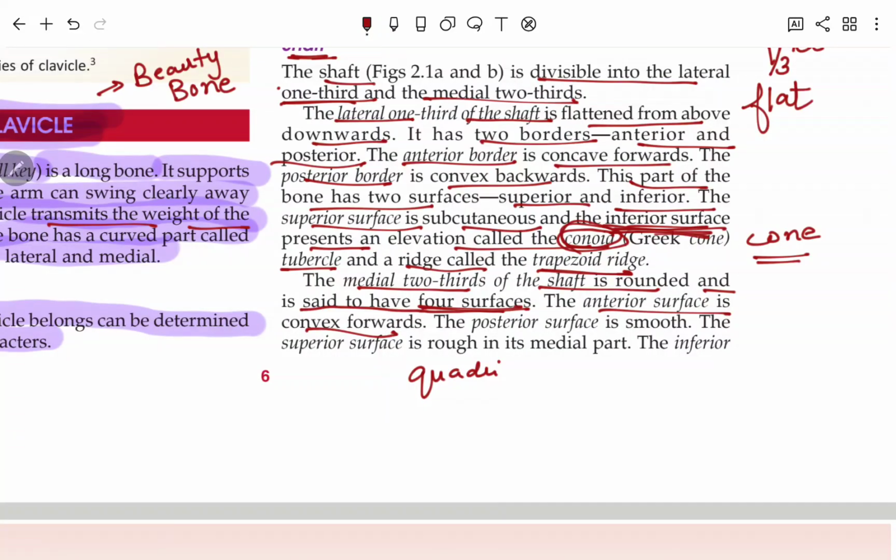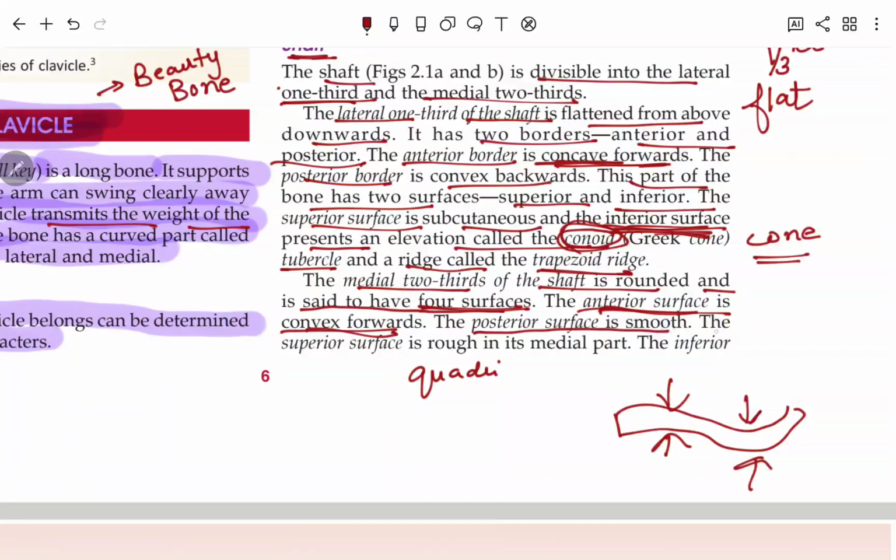Now connect lateral one-third and medial two-thirds. The anterior surface here was concave, but the anterior surface here is convex. So it's going to be something like a snail, one is concave, the opposite is convex. The posterior surface is smooth.